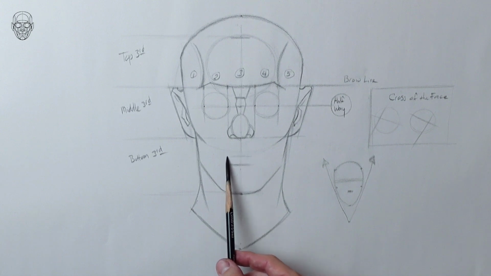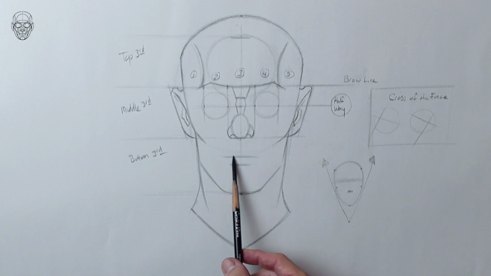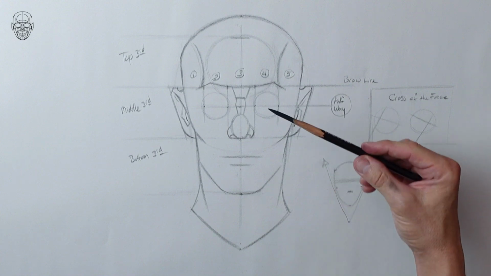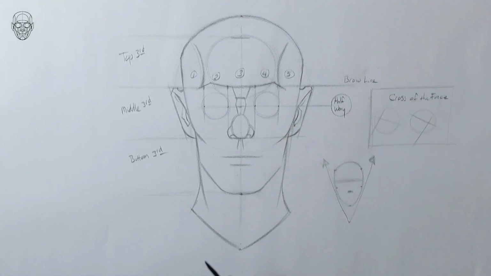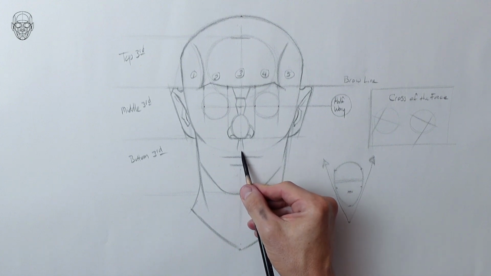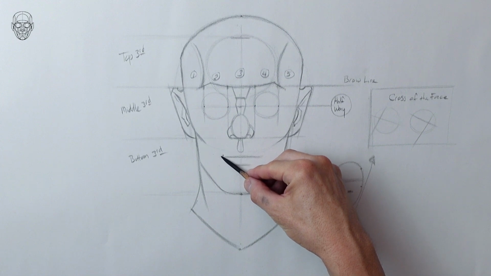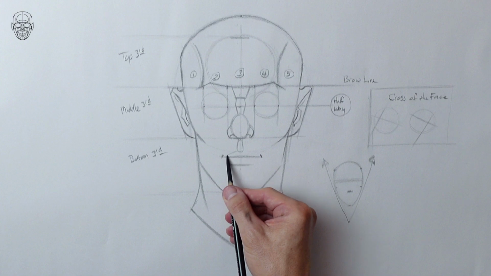And so if I bring the split, the division between the upper lip and the bottom lip to right here, then now all I have to do is sketch in the philtrum and the upper portion of the upper lip. And you can choose your corner like so.